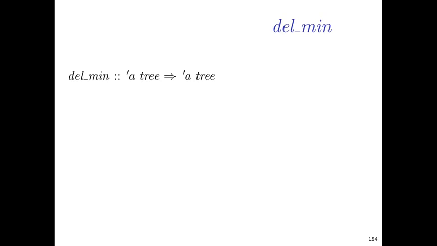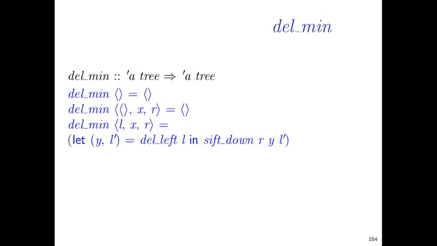And removing the leftmost node is also consistent with our invariant preservation, because to remove things, we can remove it from the left and then swap. The invariant is preserved. And once we have done this, we have to do the sift down. So that's exactly what we do.